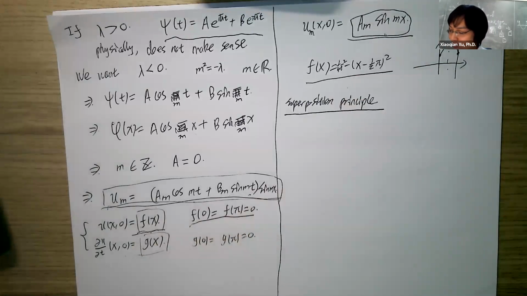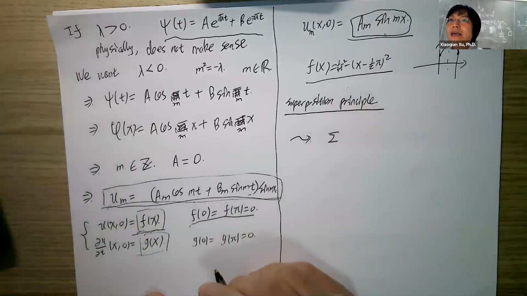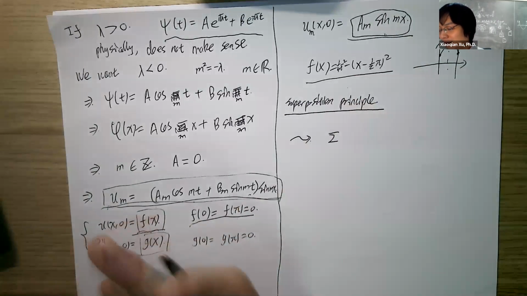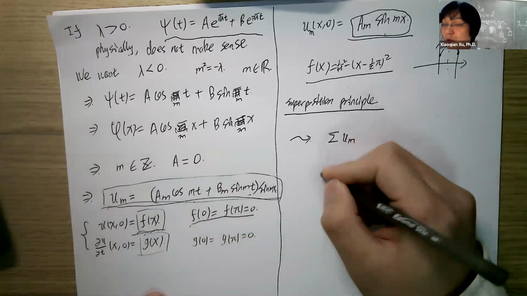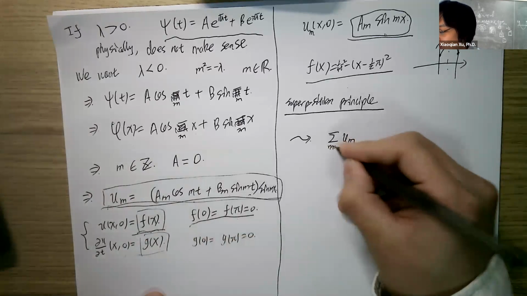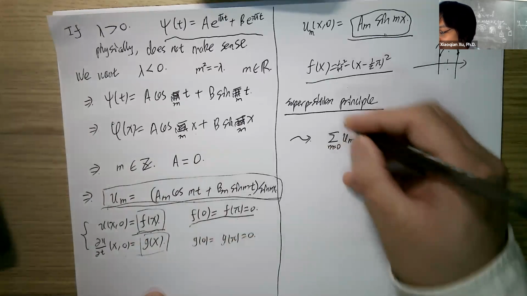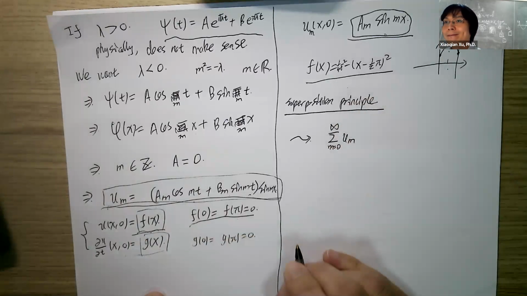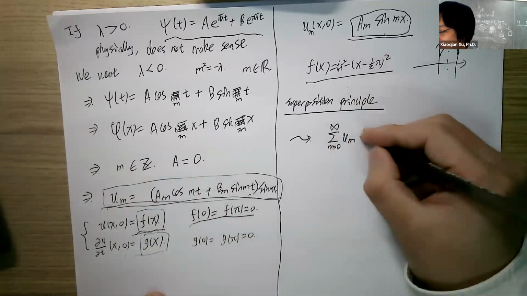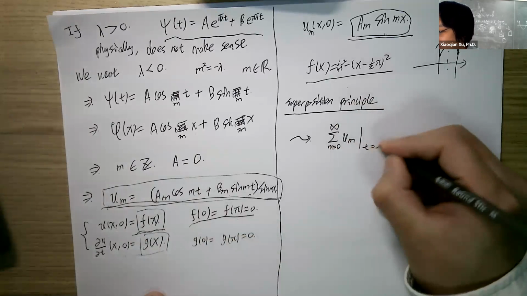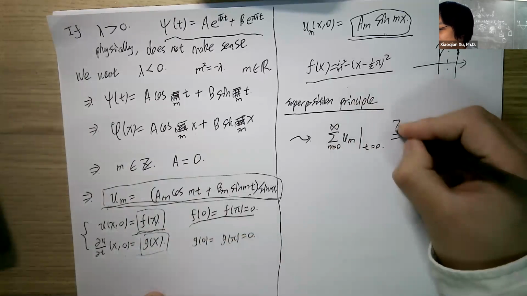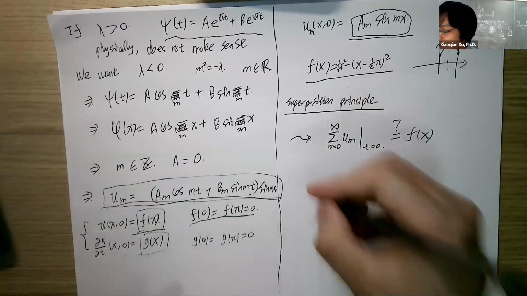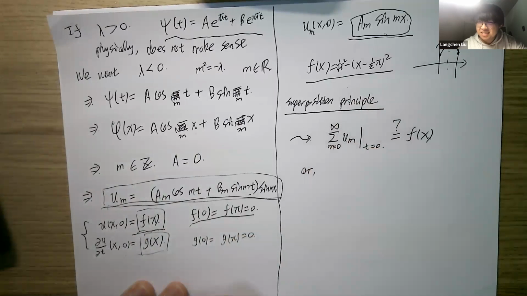If we make a linear combination, with this constant here, m from, say, 0 to infinity, can this kind of thing evaluated at t equals 0 equal your f(x)? That's where the Fourier series comes from, right?